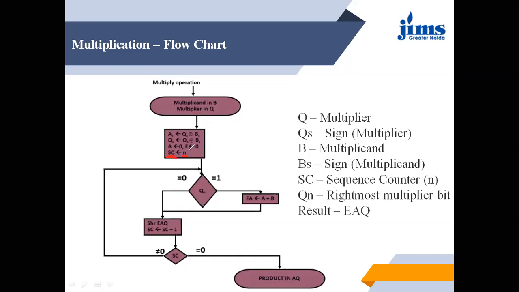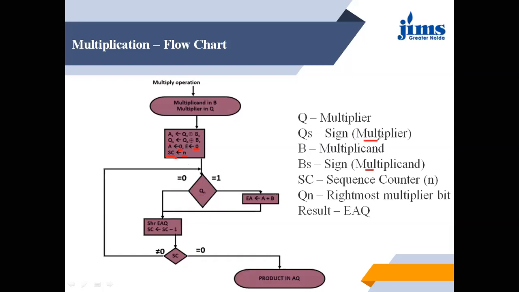So initially we keep the accumulator 0, and this E is also 0. That Qn is the XOR between the multiplicand and the multiplier.